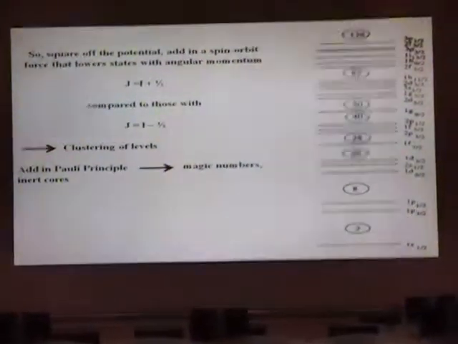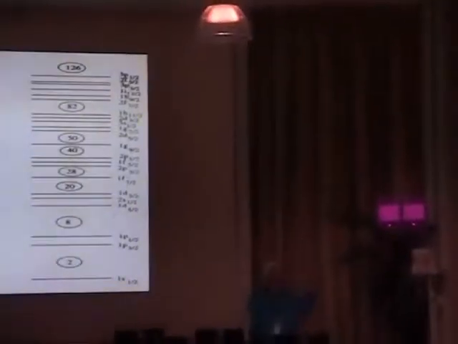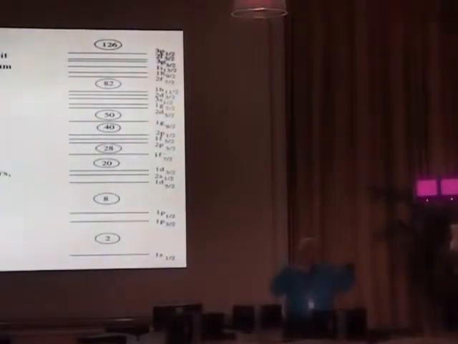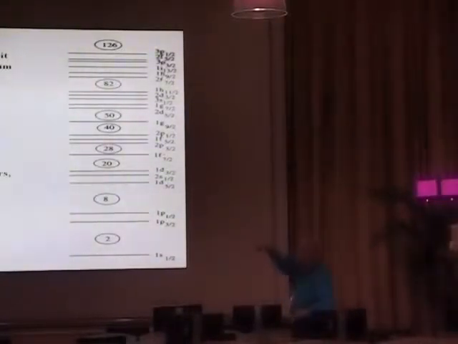But the approximation is that the protons fill their orbits separately and the neutrons fill their orbits separately. And so you have magic numbers for protons and neutrons. And they're basically the same magic numbers. The energy levels are a little different. If I did this for protons or neutrons, they would be a little different because of the Coulomb force. Okay, but basically that doesn't change the magic numbers.